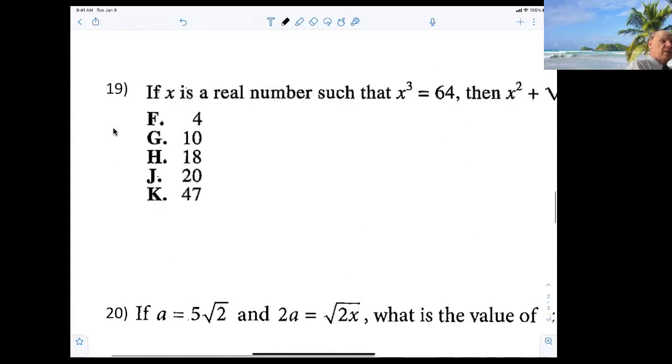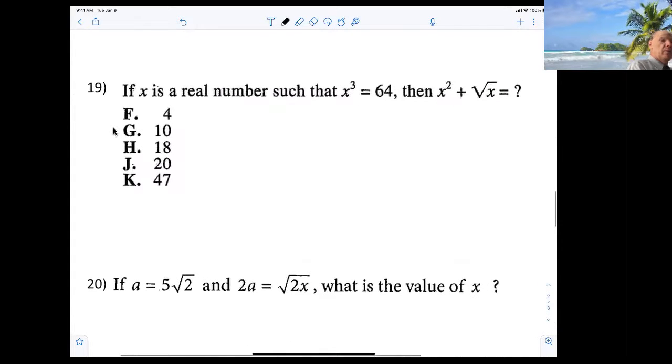All right. Let's see how you did on 19. Now, some of you came to my desk and didn't understand what this meant. X cubed equals 64. What does X equal then? 4. How do we know that? 4 times 4 times 4 is 64. That is absolutely correct.